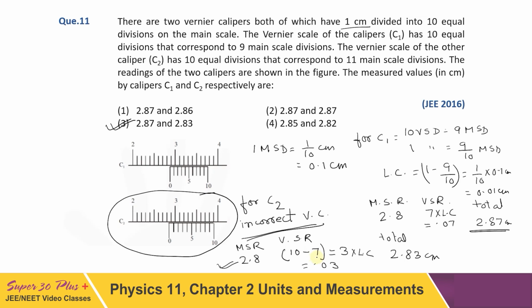Whereas in the case of a correct scale, we can directly write the vernier scale division which is coinciding with the main scale division. Here you have to subtract this value from the total number of divisions. So this correction you have to make while taking a reading from an incorrect vernier caliper. Is this okay? You all understood?